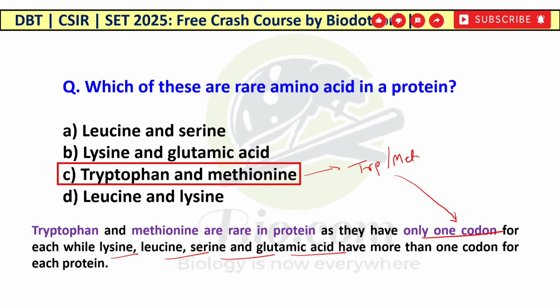Therefore the chance of occurrence is low compared to the other amino acids, while the amino acids lysine, leucine, serine and glutamic acid are coded by more than one codon. So they may occur more than tryptophan and methionine. So the correct answer for this question is tryptophan and methionine.